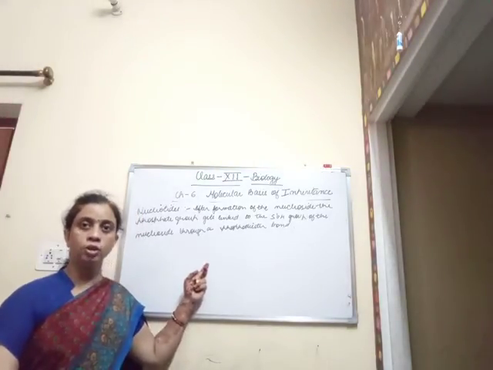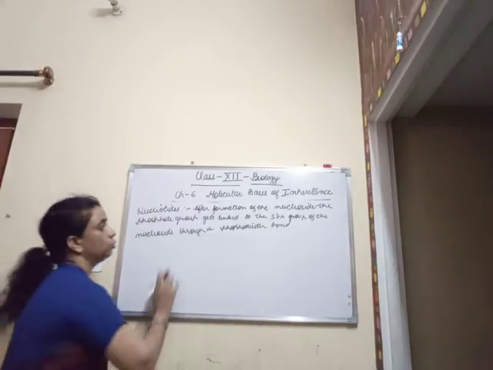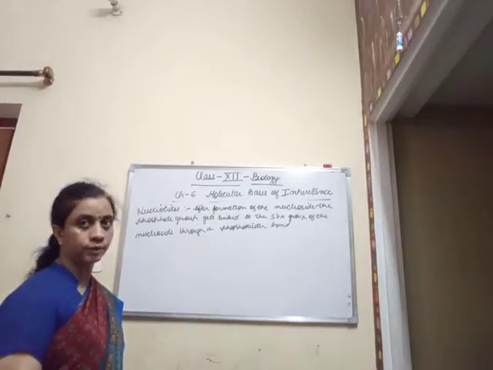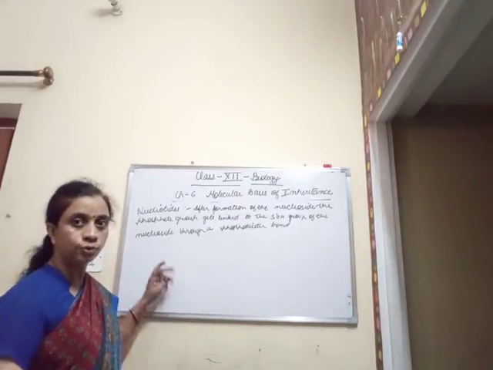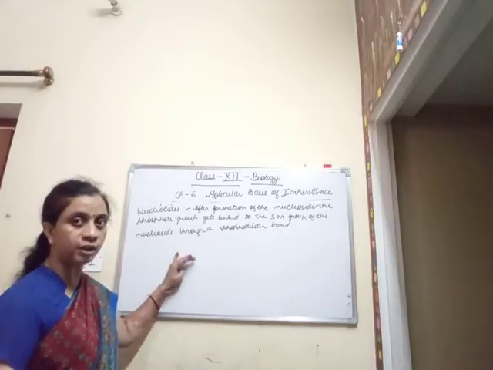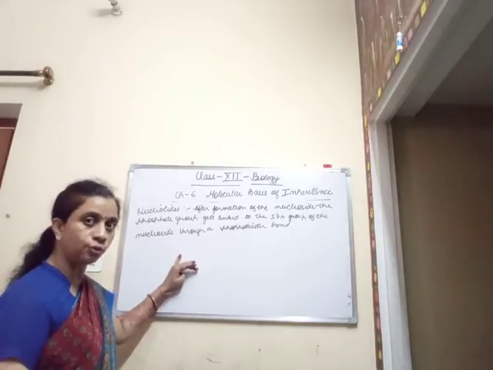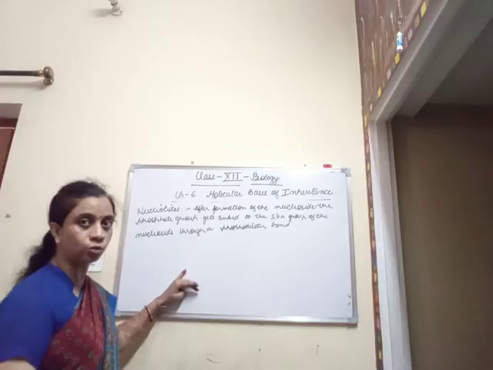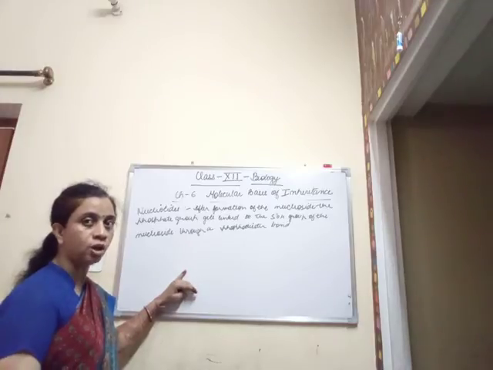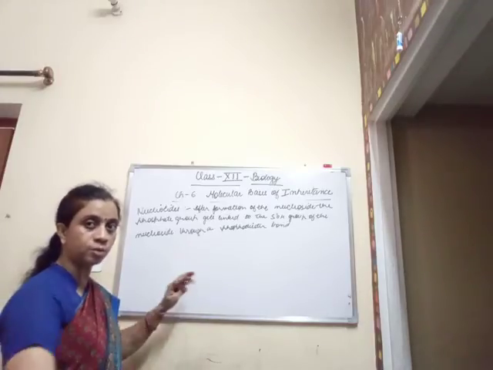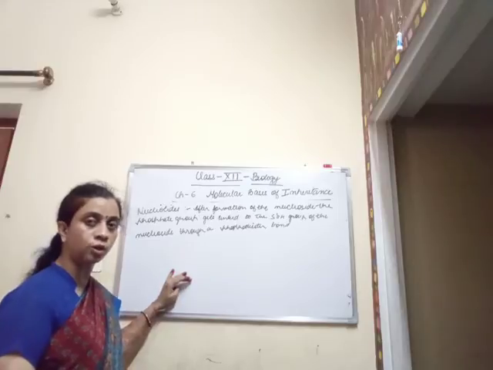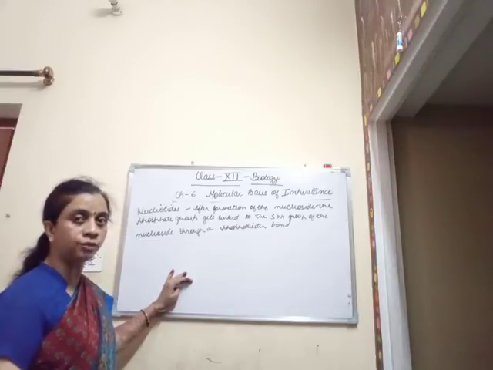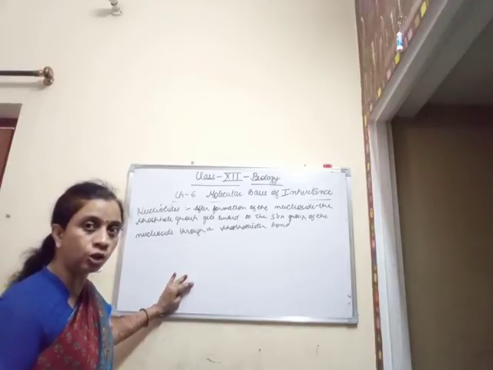Now further on, two nucleotides get linked up through the 3' to 5' phosphodiester bond, that is, the phosphodiester bond is formed between the 3' end of one nucleotide and the 5' end of the adjacent nucleotide.